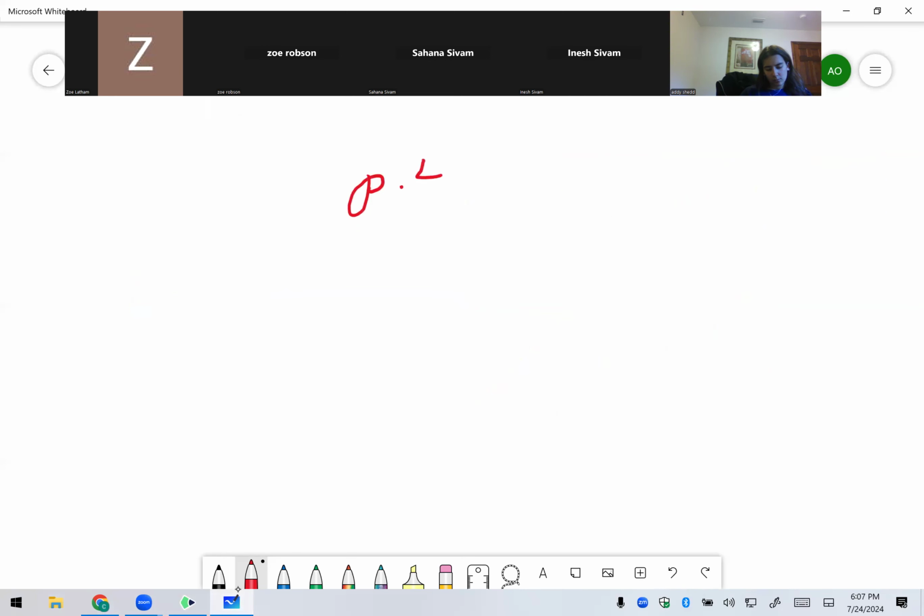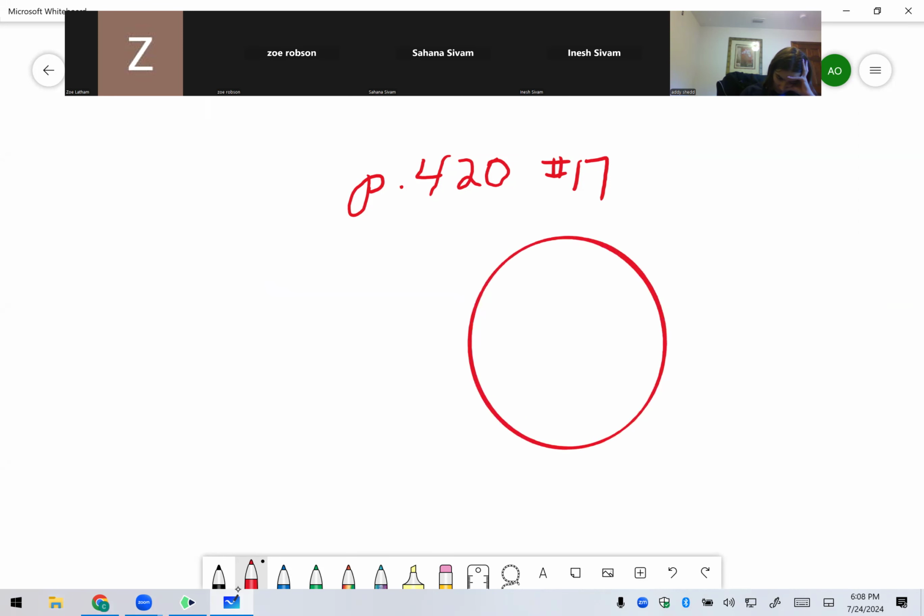Let's go to page 420, number 17. I hope it's there. It is. Okay, take a minute to try that one. Okay, this one's pretty easy. If O is the center, the measure of arc RS, I know this is not drawn to scale, is 100 degrees.